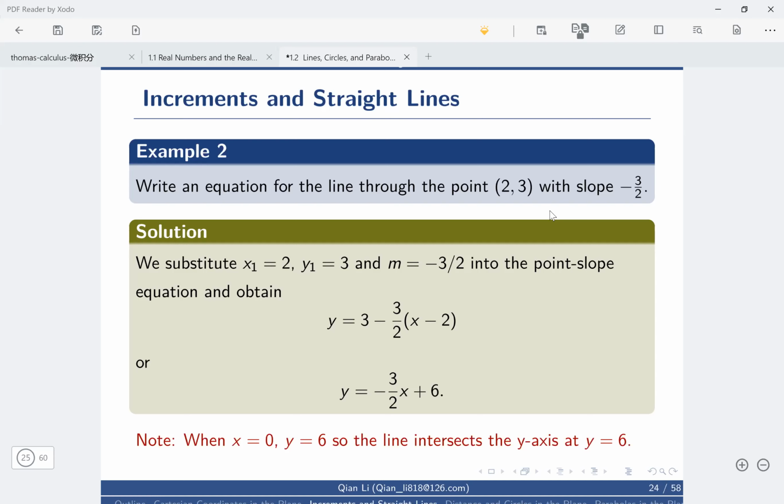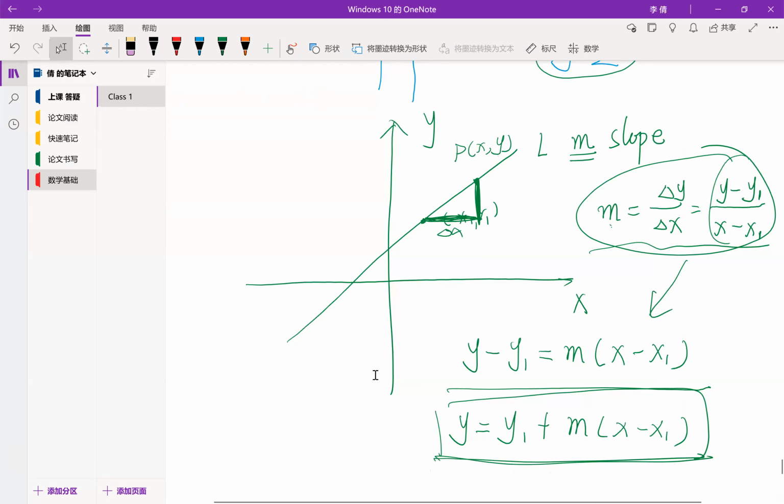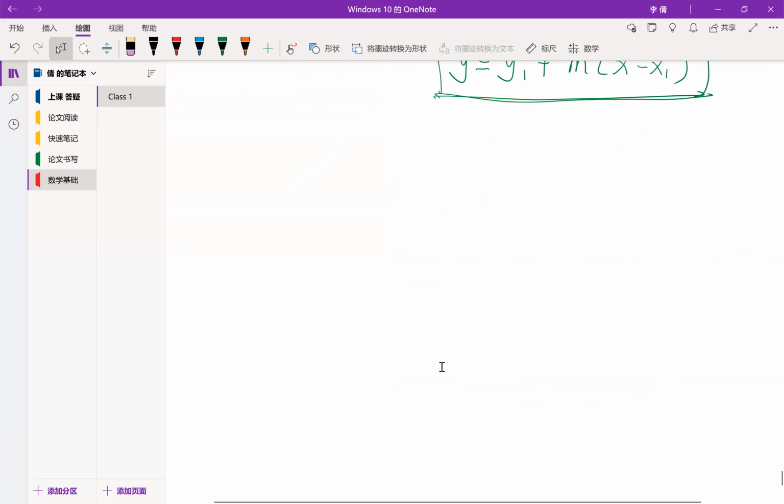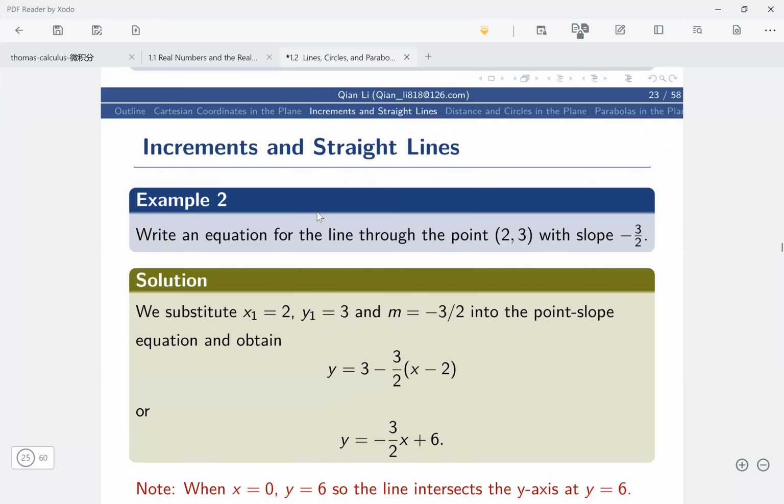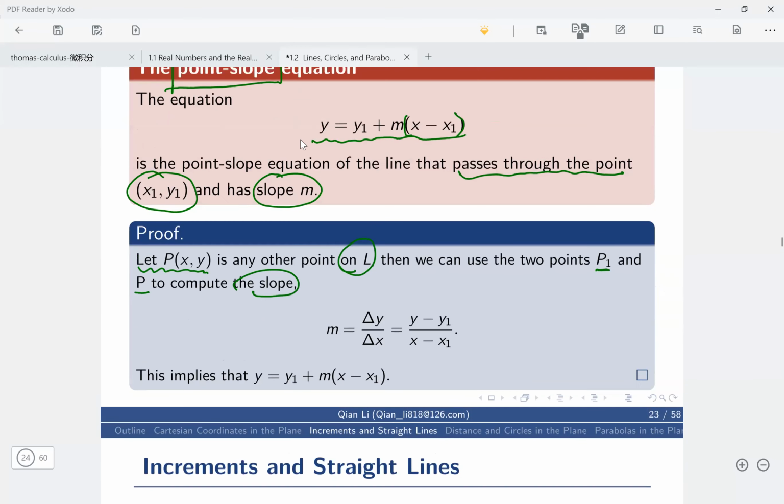We just studied the equation. The first equation is y equals y sub 1 plus m multiplied by x minus x sub 1, right?